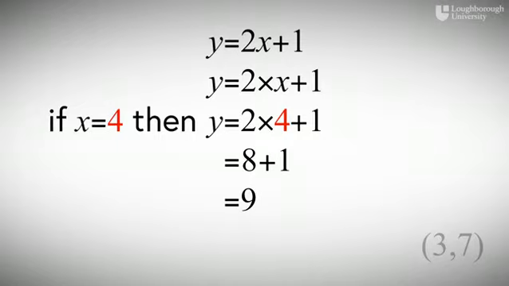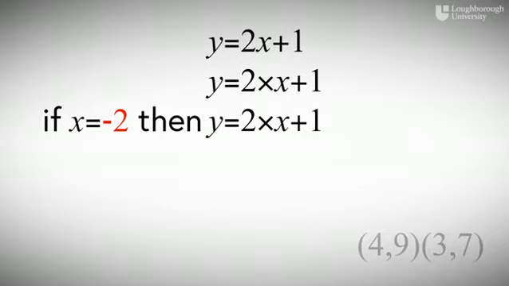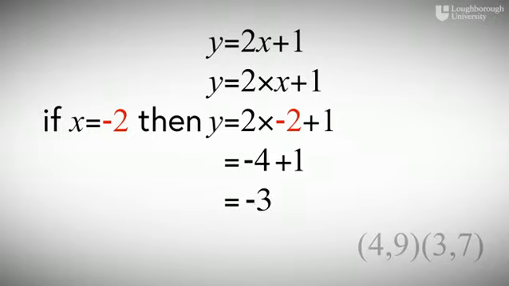The coordinates of the point are therefore 4, 9. And again, if x is minus 2, y equals 2 times minus 2 plus 1, which equals minus 4 plus 1, which equals minus 3. The coordinates of the point are therefore minus 2, minus 3.